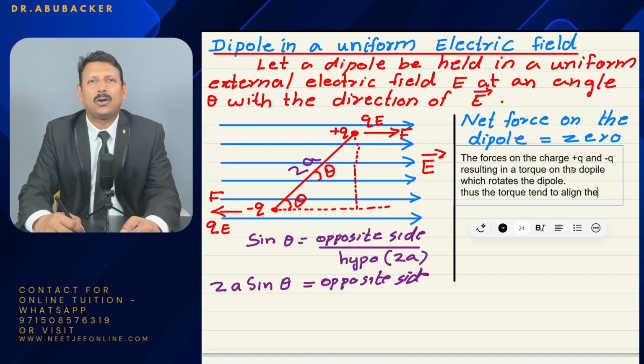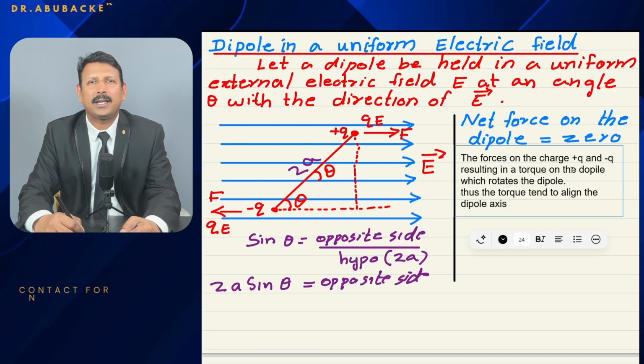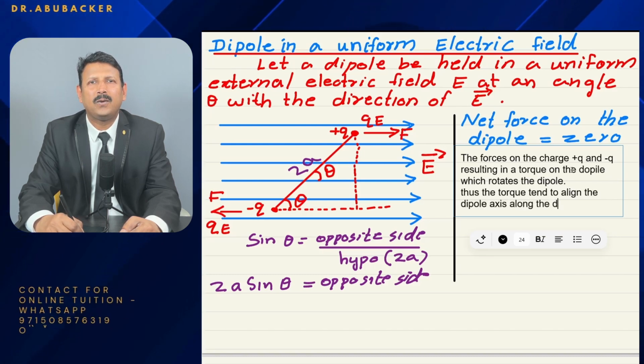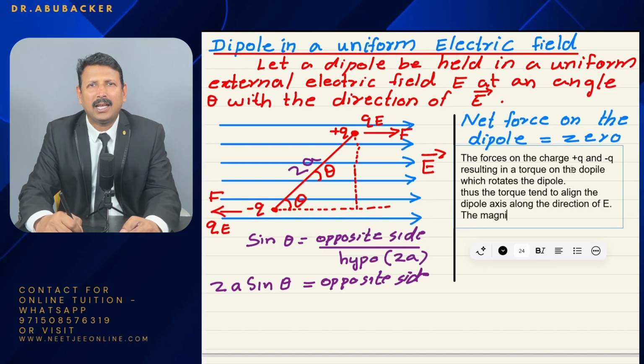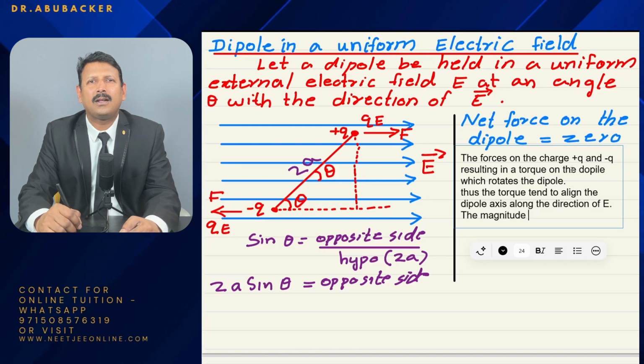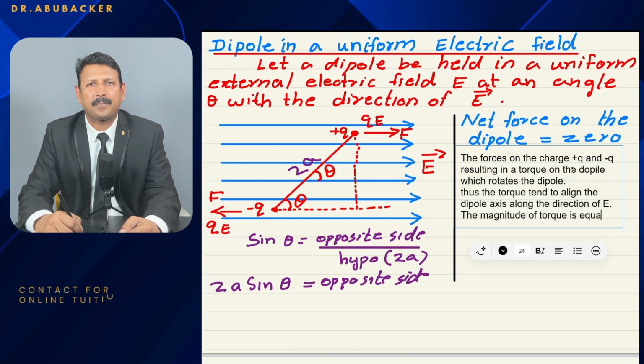So one more time, the forces on the charges plus q and minus q result in a torque on the dipole, which rotates the dipole. Thus the torque tends to align the dipole axis along the direction of the electric field.